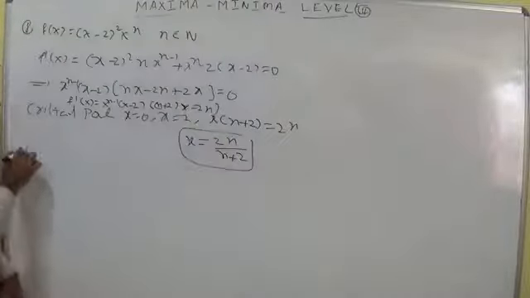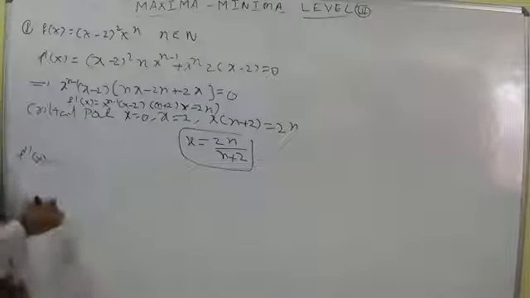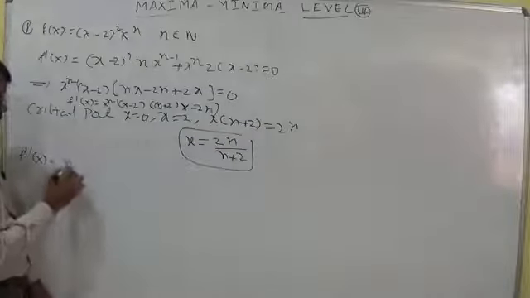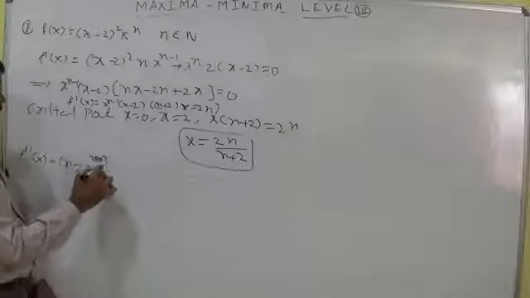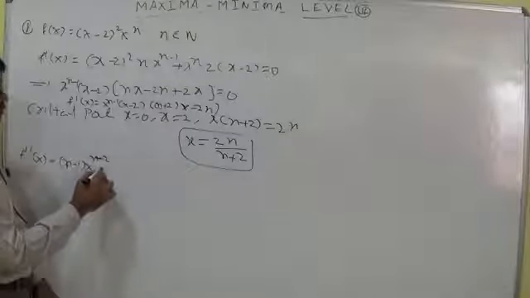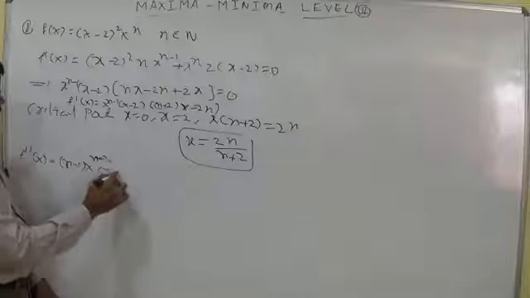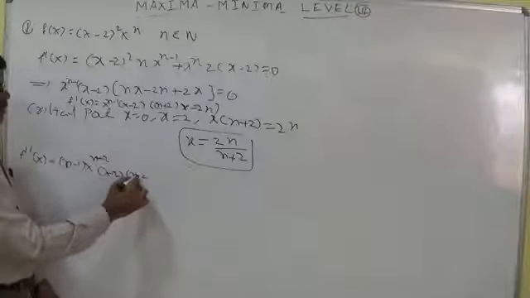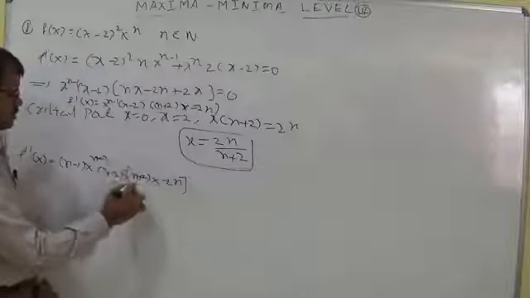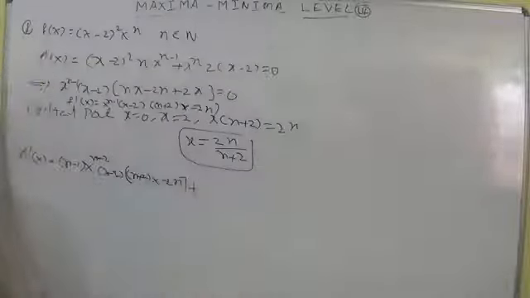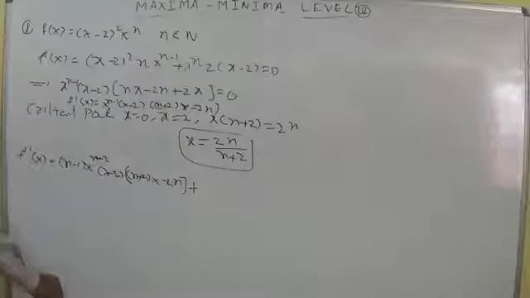Now f double dash x I am writing, using the uv w dash rule. (n minus 1) into x power n minus 2 into (x minus 2) into ((n plus 2) into x minus 2n). This is a bracket. Plus, this is the first function derivative completed.